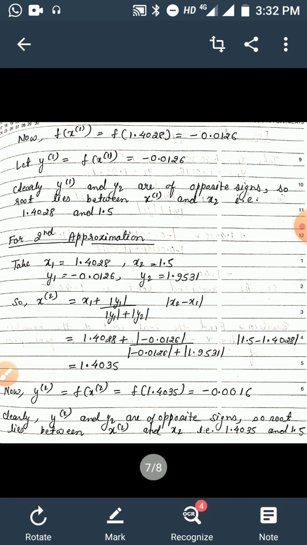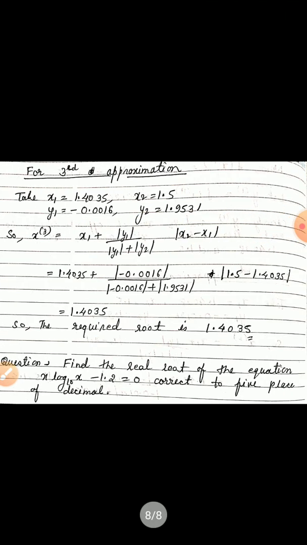So y superscript (2) and y2 are of opposite sign. So the root lies between x superscript (2) and x2, that is 1.4035 and 1.5. So for the third approximation, we will take x1 as 1.4035, x2 as 1.5, y1 as minus 0.0016, y2 as 1.9531.